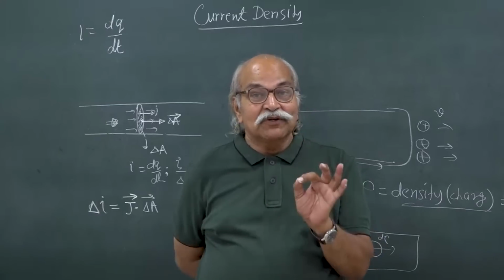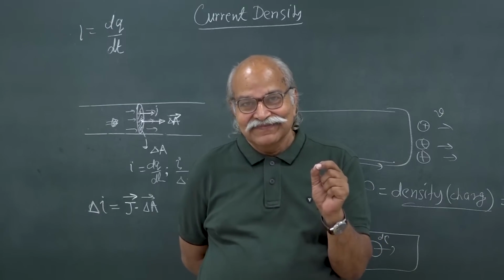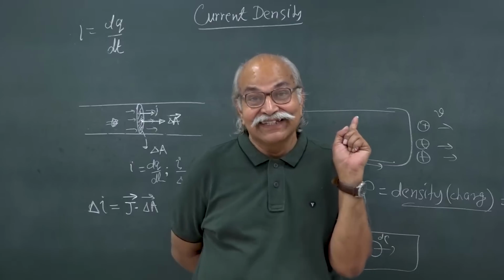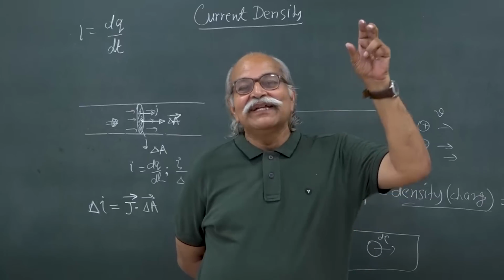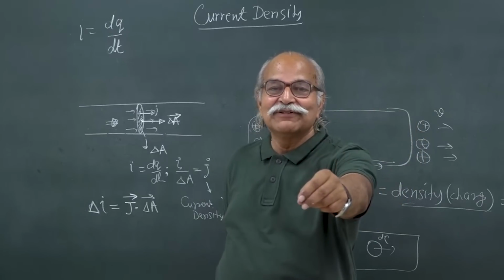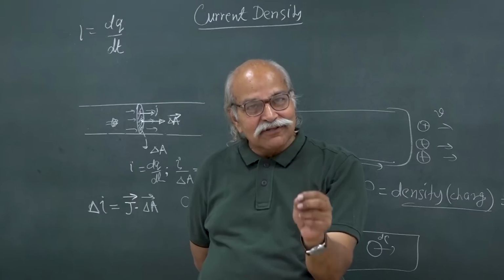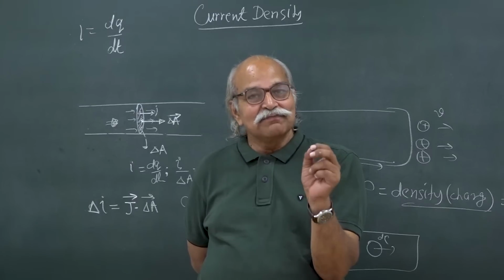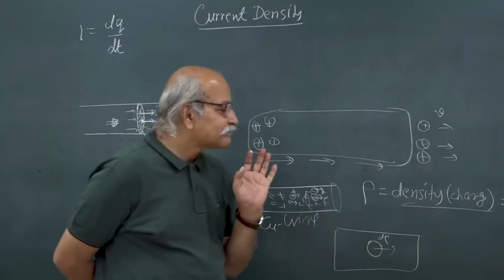We will not be talking of angstroms and nanometers. Then it will not be classical, and this is classical electromagnetism. So, whenever I say that I am taking a very small infinitesimal volume, we still are not talking in terms of angstroms or nanometers, at least micrometers. So, that is our small.